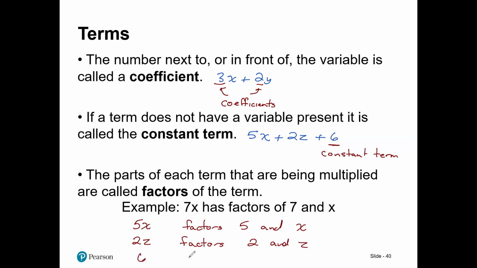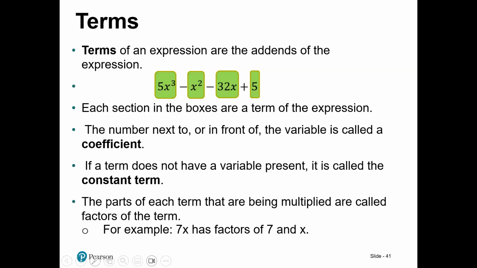And technically the 6 has factors too, 6 and 1. If we can take a number and break it up into two numbers that multiply to give us that number, those are factors. We'll do a lot more with factors as we go forward.